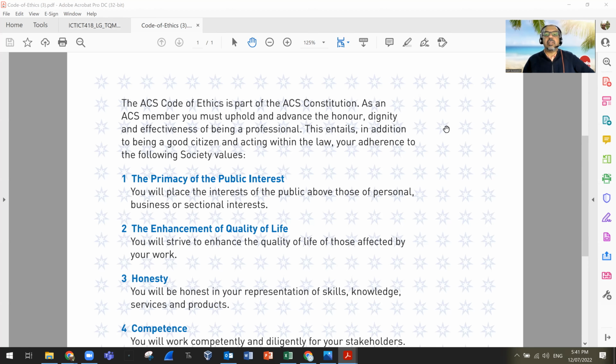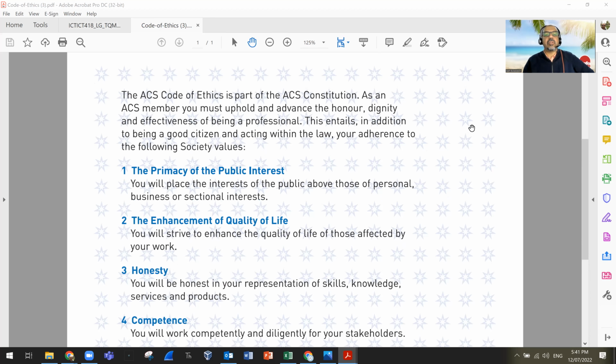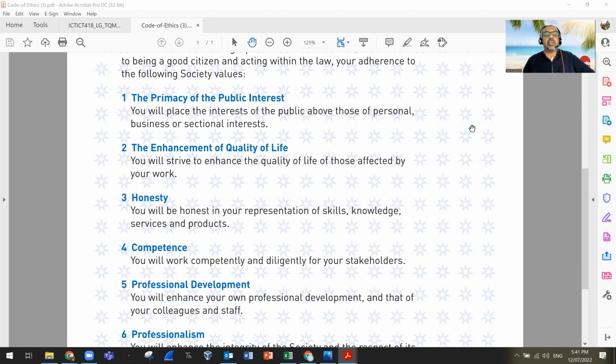This entails, in addition to being a good citizen and acting within the law, your adherence to the following society values. 1. The primacy of the public interest. You will place the interests of the public above those of personal, business, or sectional interests.